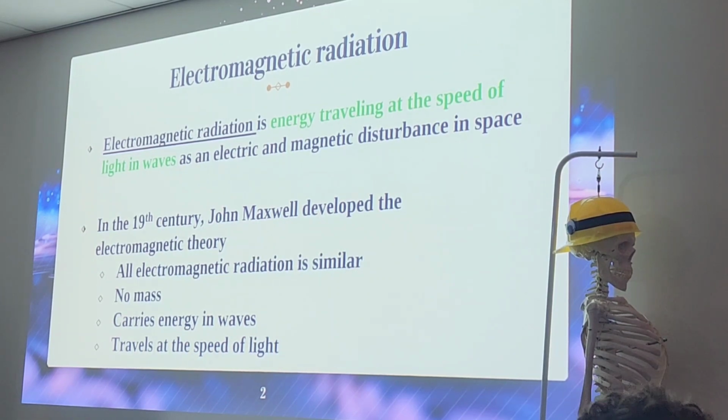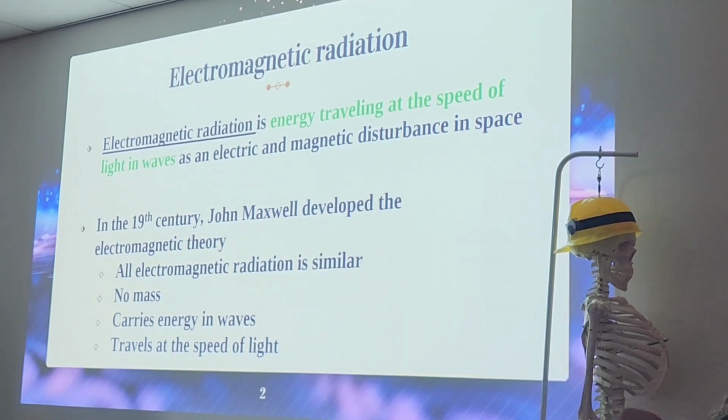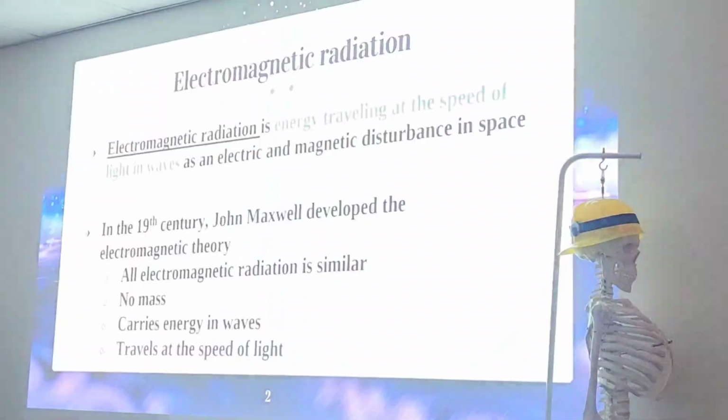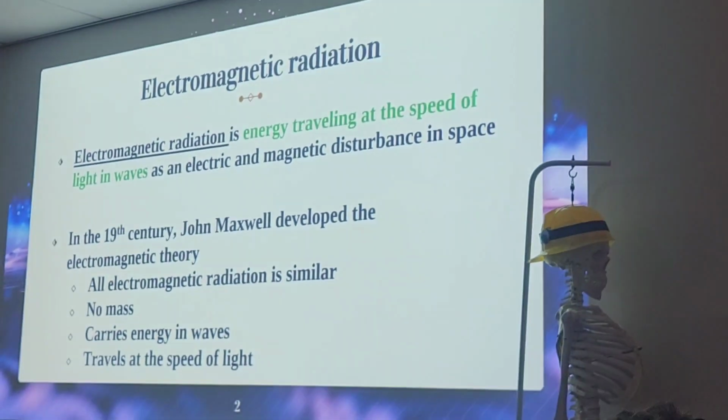So electromagnetic radiation is both electric and magnetic. So it means anything with a charge has magnetism as well? Yes, it has properties of magnetism.